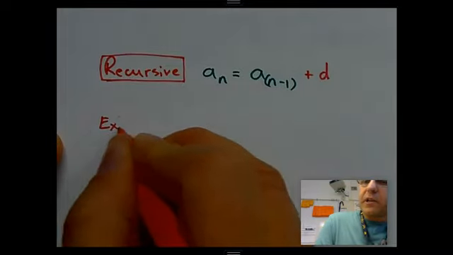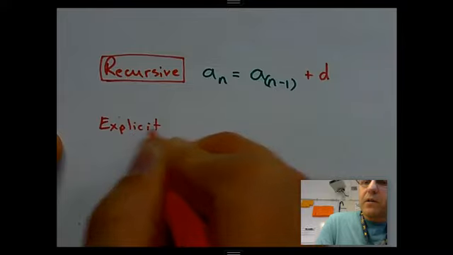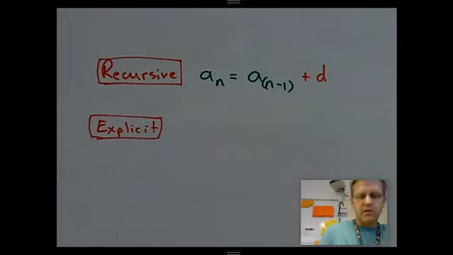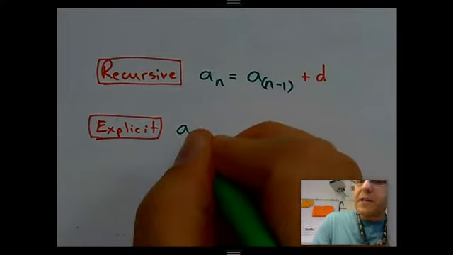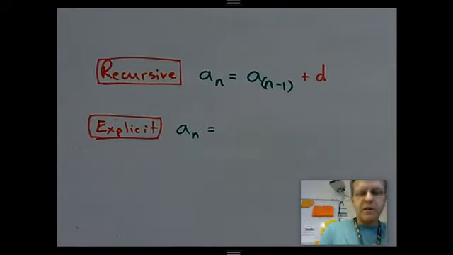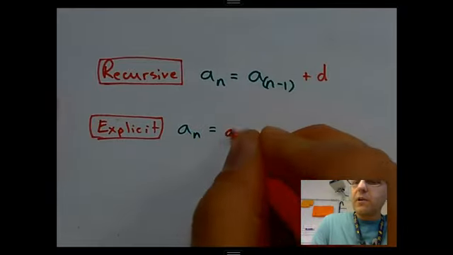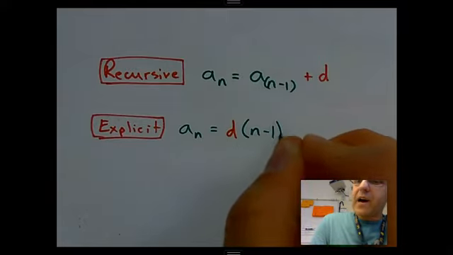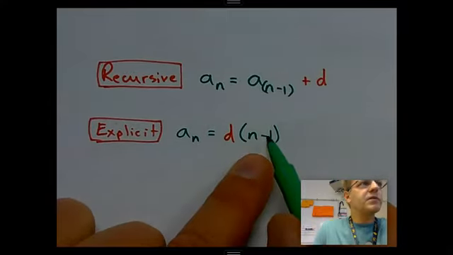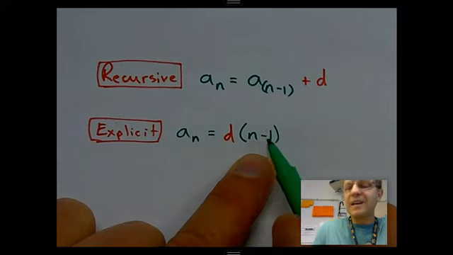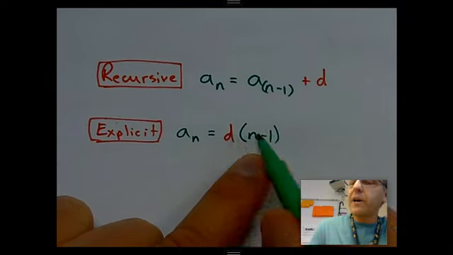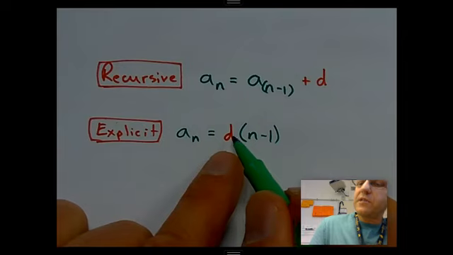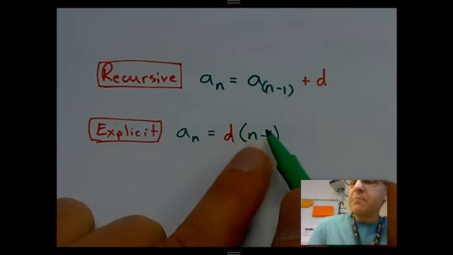Now, the explicit formula, again, the green part will stay the same for each problem. A sub n is equal to your common difference, but now you're multiplying. And this is not subscript. Some students get really confused and keep trying to put this part in subscript. This is not subscript. This is just multiplied by the common difference, because this says that you're adding the same thing this many times.